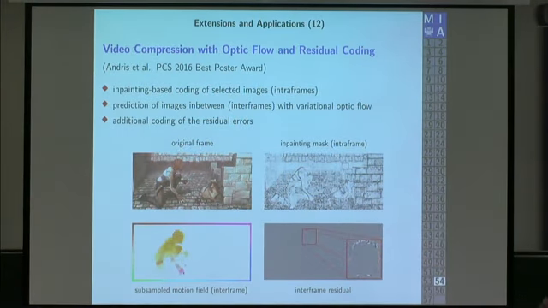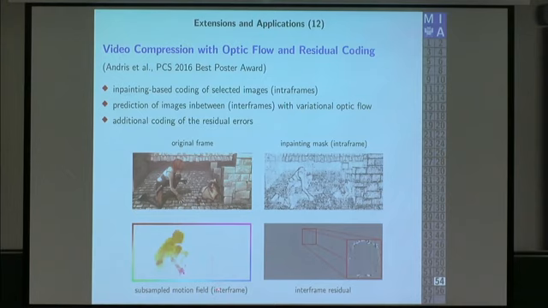That's what we do next. Sarah Andres, a PhD student in our group, recently came up with a full codec which also uses motion information, and that means temporal coherence in videos. So we use the concept of optic flow, of variational optic flow. We code a few frames in full quality, these are the so-called intra frames. And in between we code the motion field in a coarse and subsampled way.